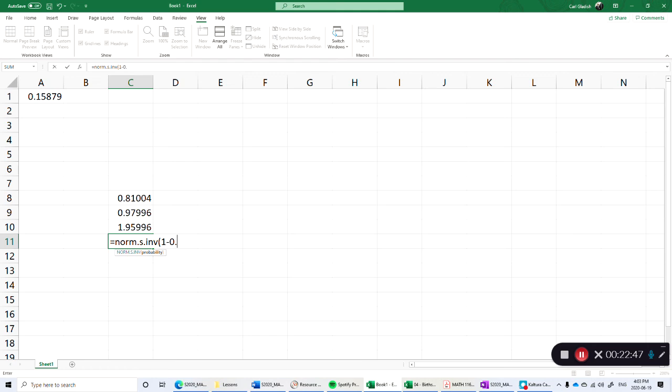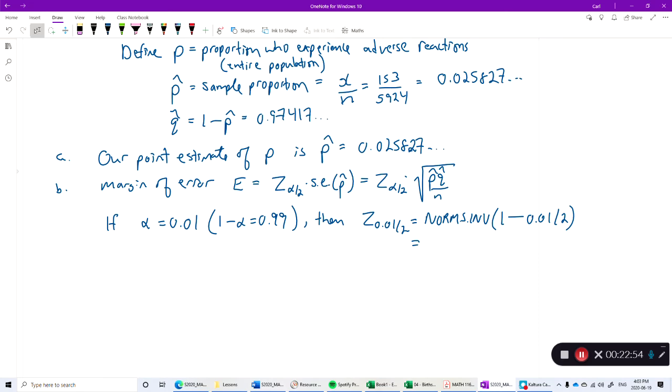It's 2.5758. That's generally true. If you want more confidence, 99%, you have to use a wider margin of error.